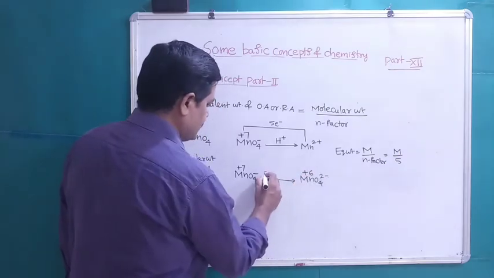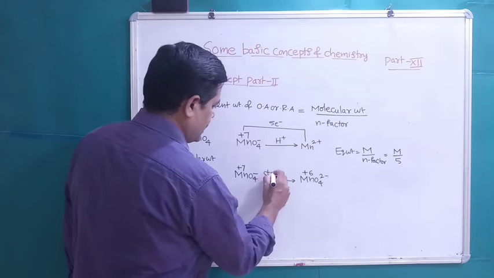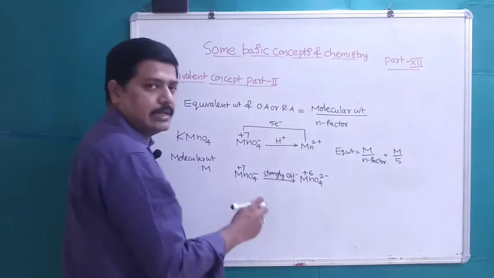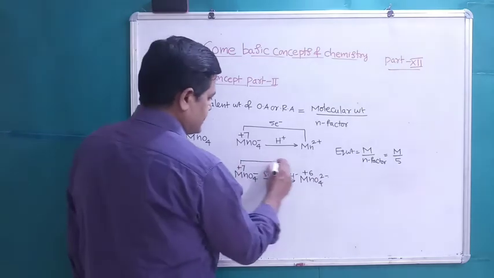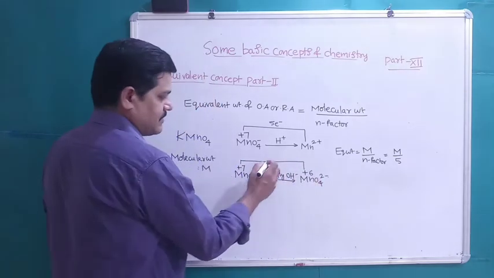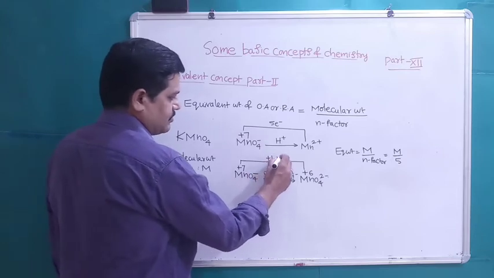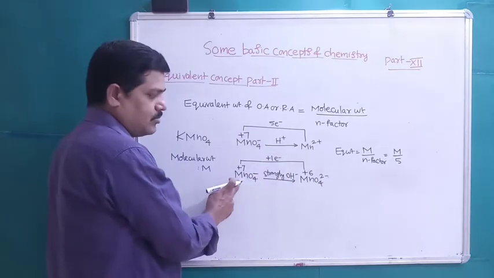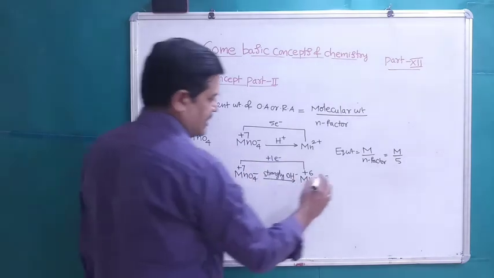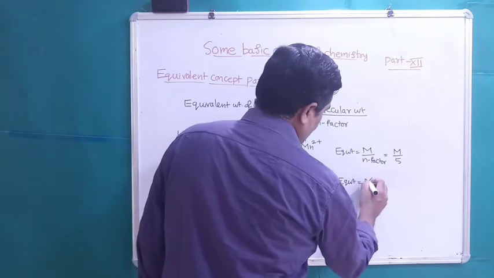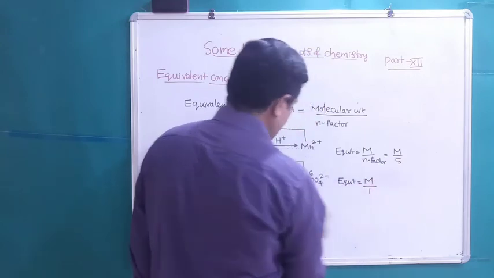This is in strongly alkaline, OH minus medium. So +7 converting into +6 means the number of electrons gained is only 1 electron per ion. 1 mole of electrons it is gaining. So equivalent weight is equal to molecular weight divided by n factor. Here it is 1.